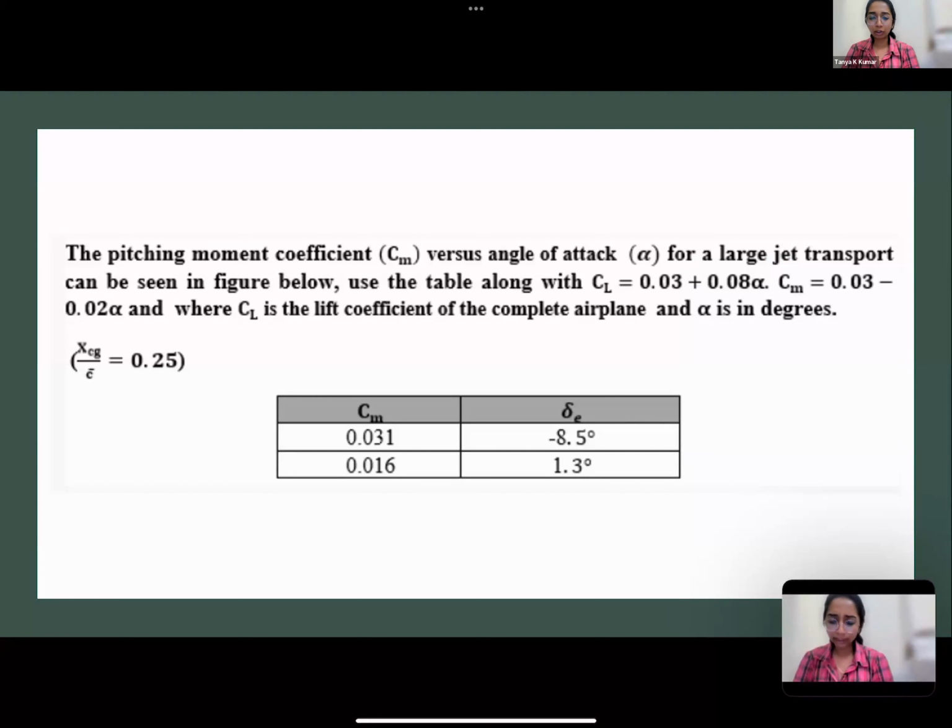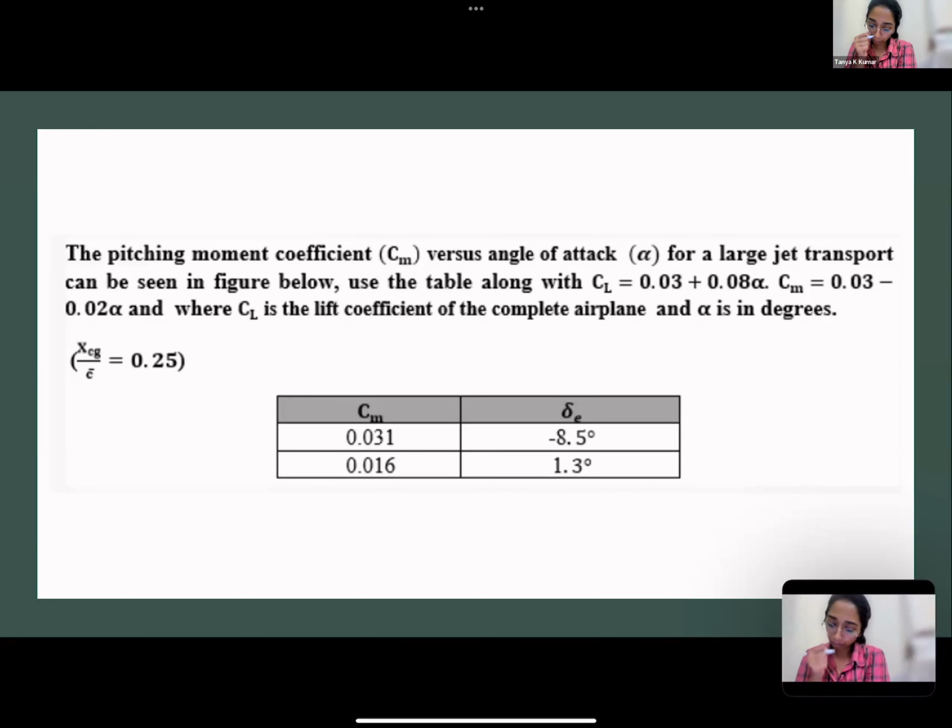If this was just a wing, is the airfoil symmetric or cambered, looking at whatever data is given to you? If it was just an airfoil or a wing, cambered.